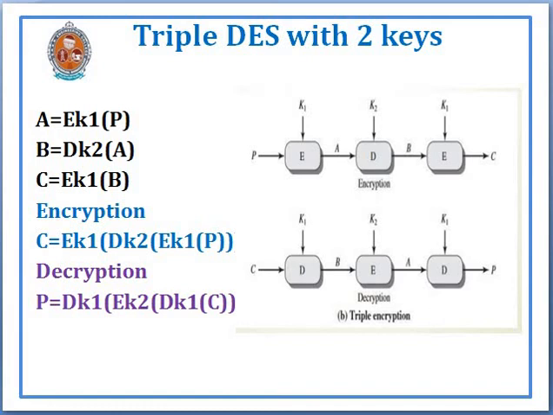In a similar way, in the reverse decryption, first the ciphertext undergoes decryption with K1, followed by encryption with K2, followed by decryption with K1 to get the plaintext back. This is what we call triple DES with 2 keys.